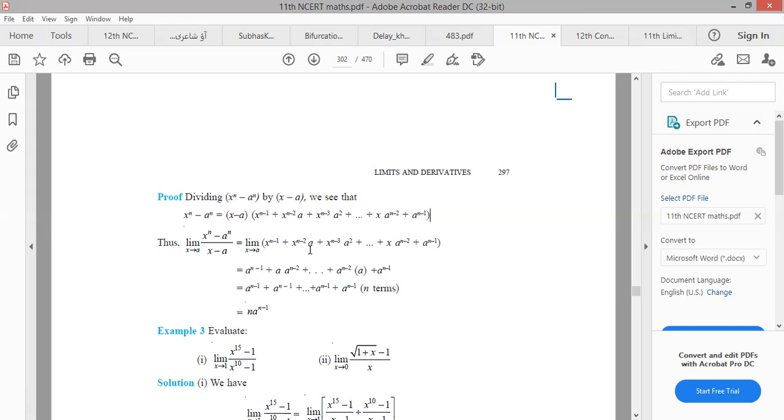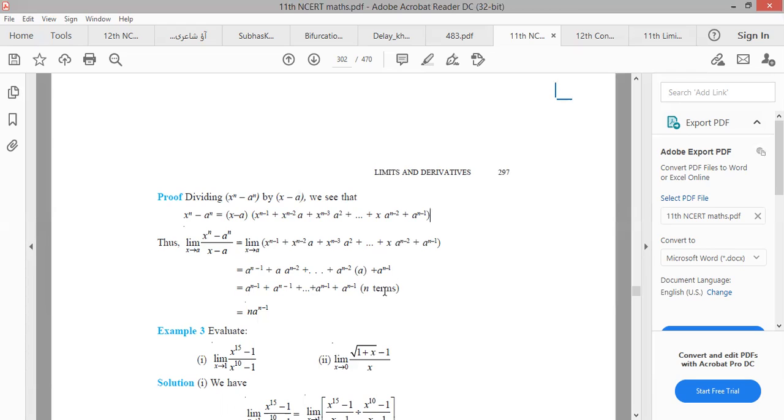So on the right hand side, if we put x tending to a, the first term will be a^(n-1), the next will be a^(n-2) into a, that is a^(n-1), then a^(n-3) into a^2, again a^(n-1), and it goes up to the last term, a^(n-1).